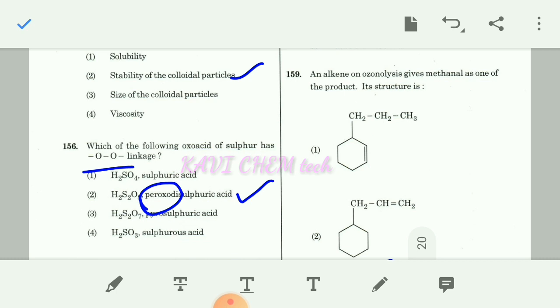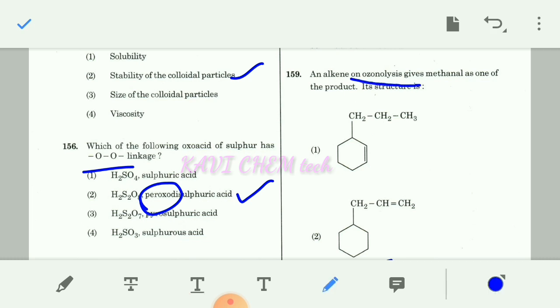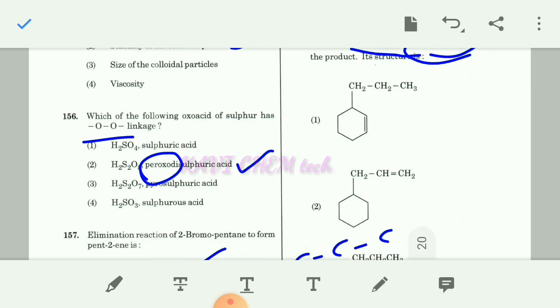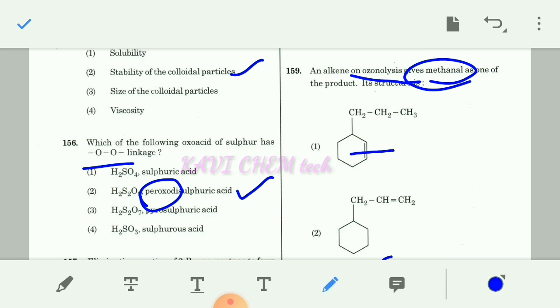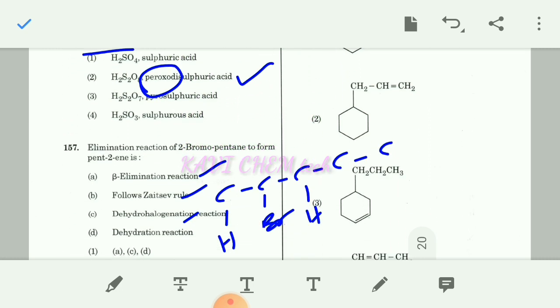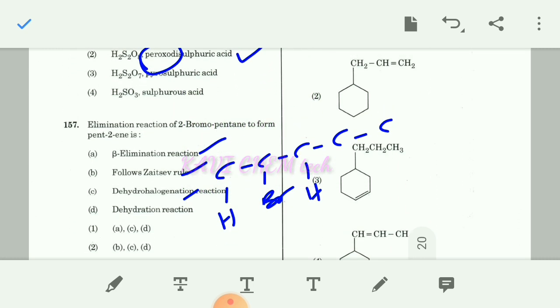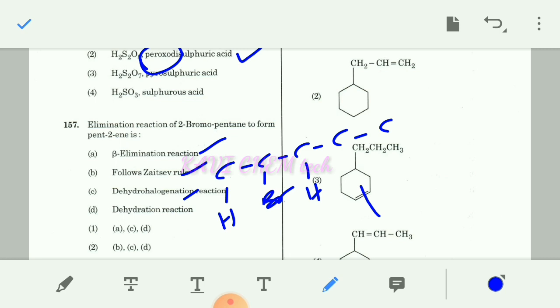Next, an alkene on ozonolysis gives formaldehyde. Which compound will give that product? The first one has a double bond in the ring itself, so it will not give it. Option 2 and option 3 will not have the double bond in the ring, that also will not provide.